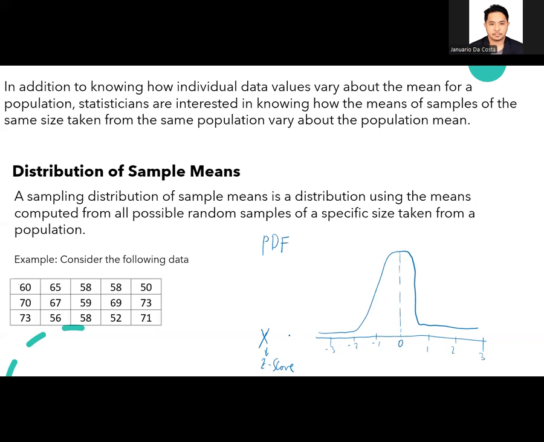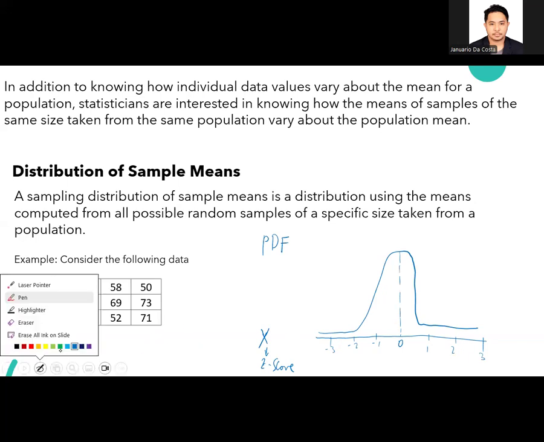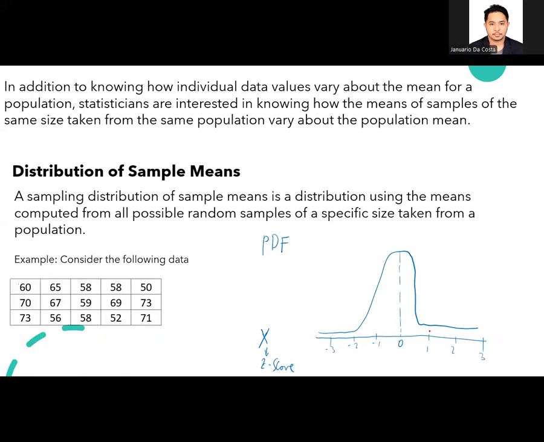If I have a data point here at a z-score of 1, I can say this red line is within one standard deviation of the distribution.